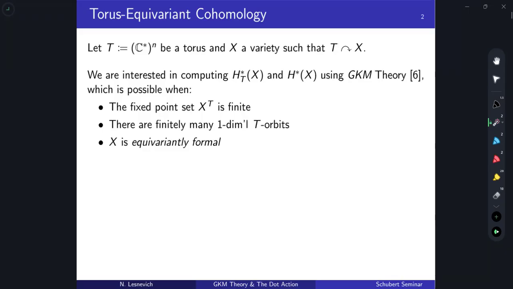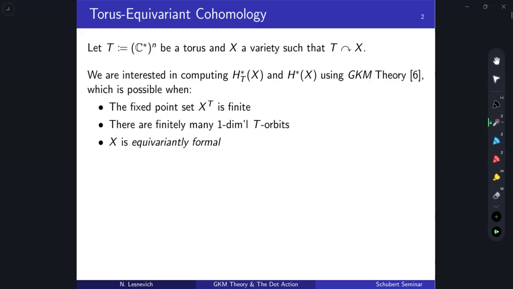This setup is possible when the fixed point set of our torus action is finite. There are finitely many one-dimensional torus orbits, and our variety satisfies this technical condition called being equivariantly formal.